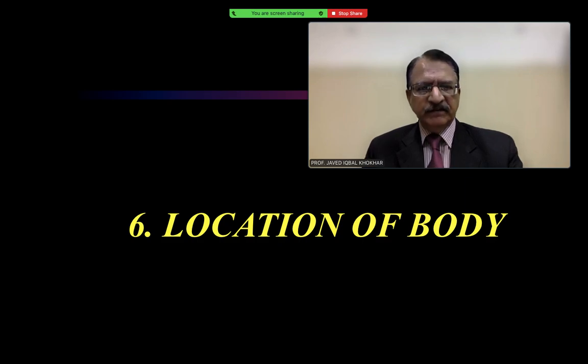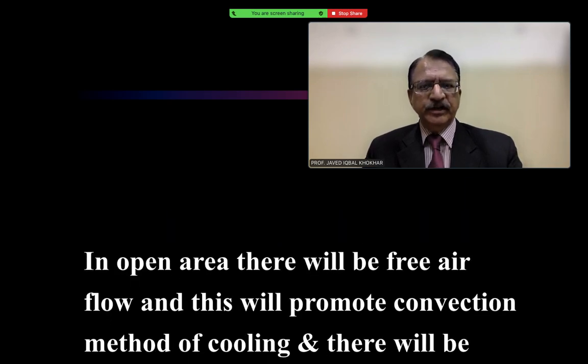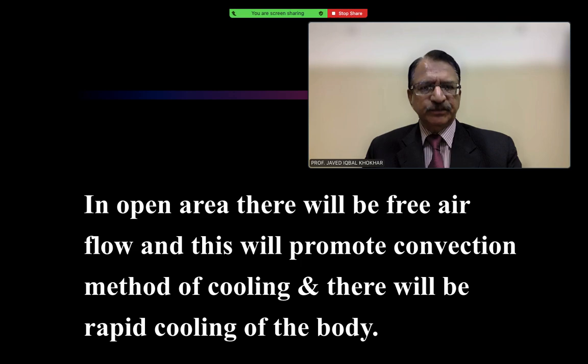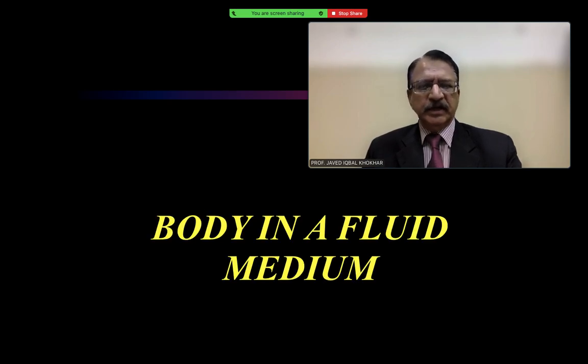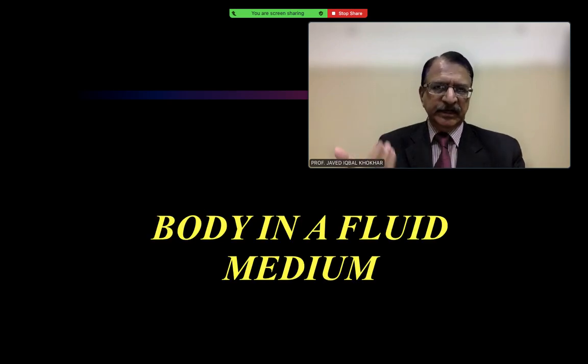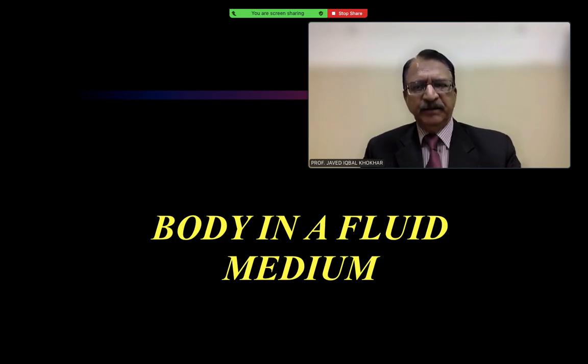Then location of the body, where the body is located. Body is exposed to air movement. It is in the room, it is in the open field. So it depends upon where the body is lying. Inside the room, there is less or no air movement, and there will be slow cooling. And in the open, when exposed to air, there will be rapid cooling.